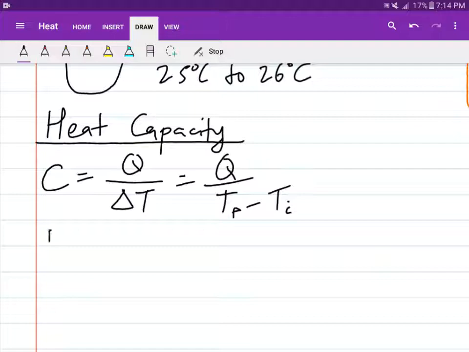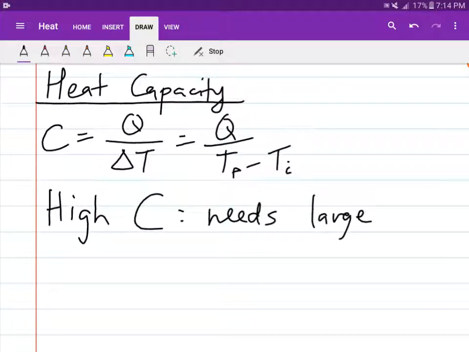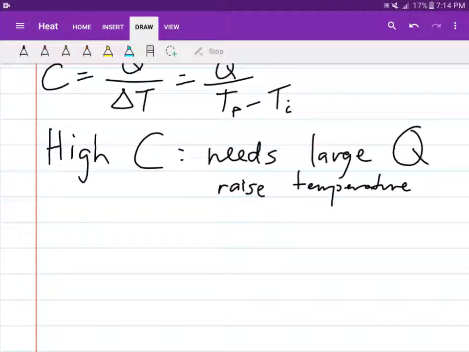So an object with high heat capacity, let's call it high C, this means that you need to input large heat in order to raise the temperature. So you can think of it like solid rocks. What else? Water. Water is very hard to heat.